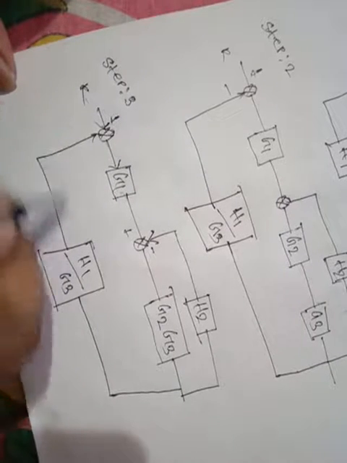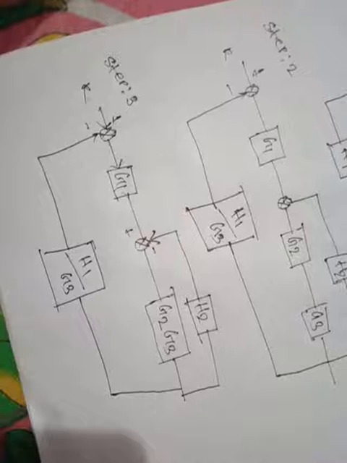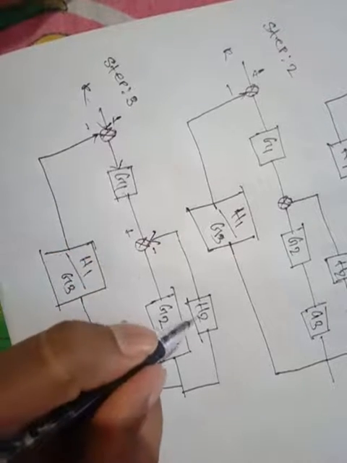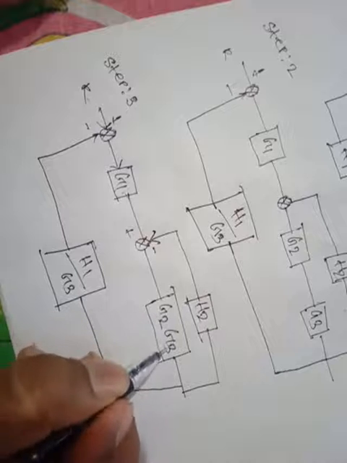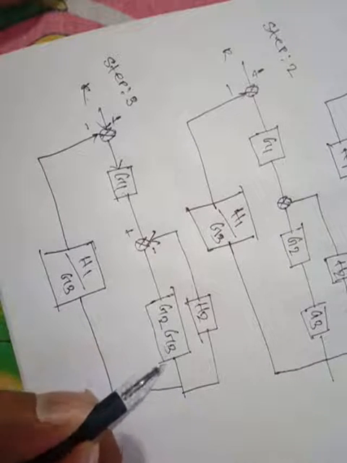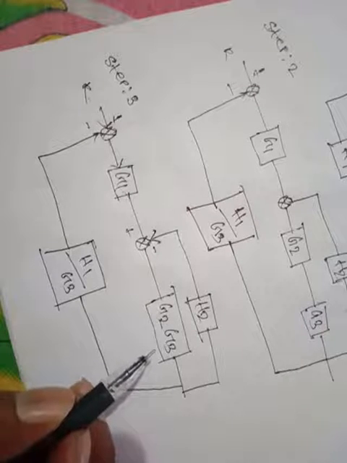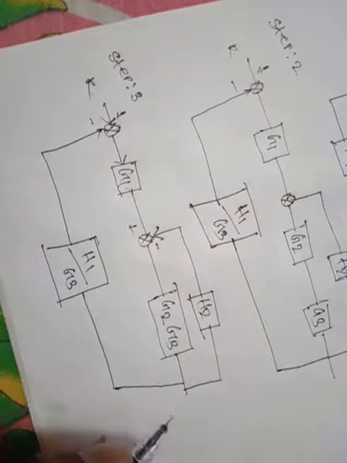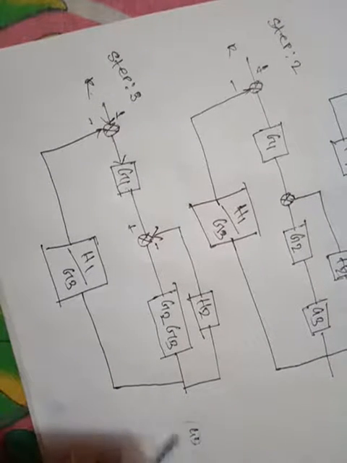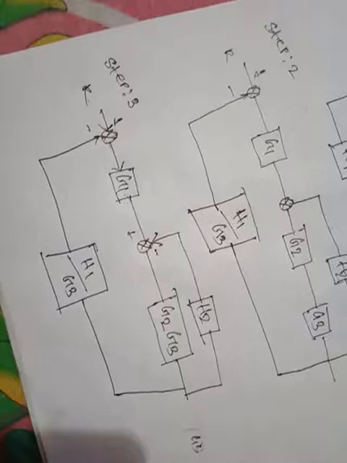Here the feedback element is H2, and G2 and G3 is equal to the total value of Gs. That means, in the next step, step 4, Gs by 1 plus Gs into Hs. Here Gs equals G2 into G3.